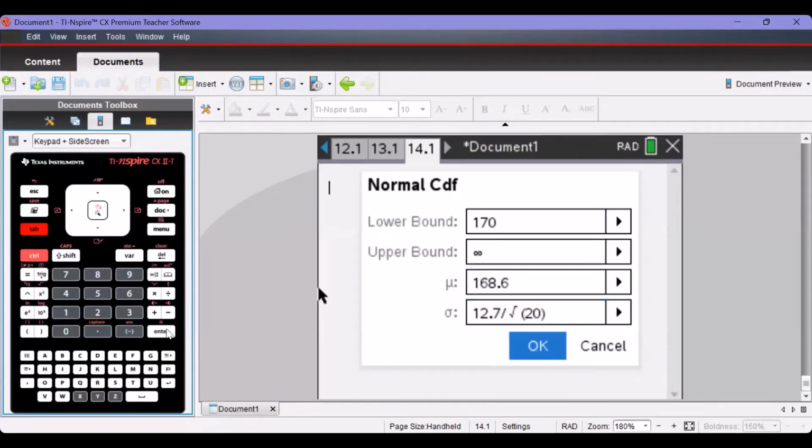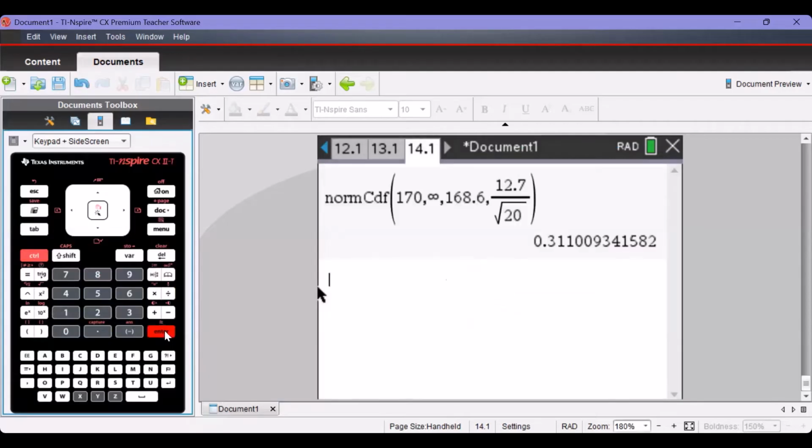Press tab to highlight OK, and then press enter. And so the required probability that the mean height of this sample will be greater than 170 centimetres is 0.3110, correct to 4 decimal places.